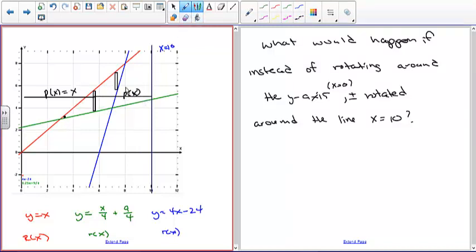So if p of x when rotating around the y-axis is x, then what is p of x when you rotate around x equals 10? I'll ask Daniel because he was asking me about that. 10 minus x. Exactly, yeah. So it's 10 minus x.